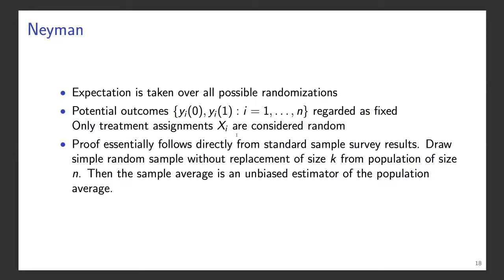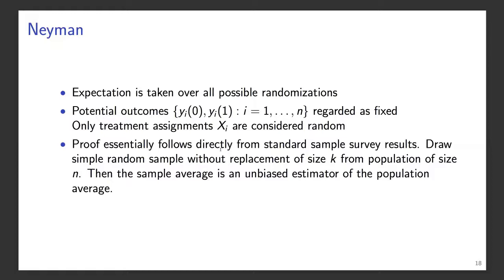Neyman's proof really follows directly from standard survey sampling results. Essentially, when we do a completely randomized experiment, you can think of that as taking a simple random sample without replacement from, say, the y-naughts, all the individuals who don't get assigned treatment.